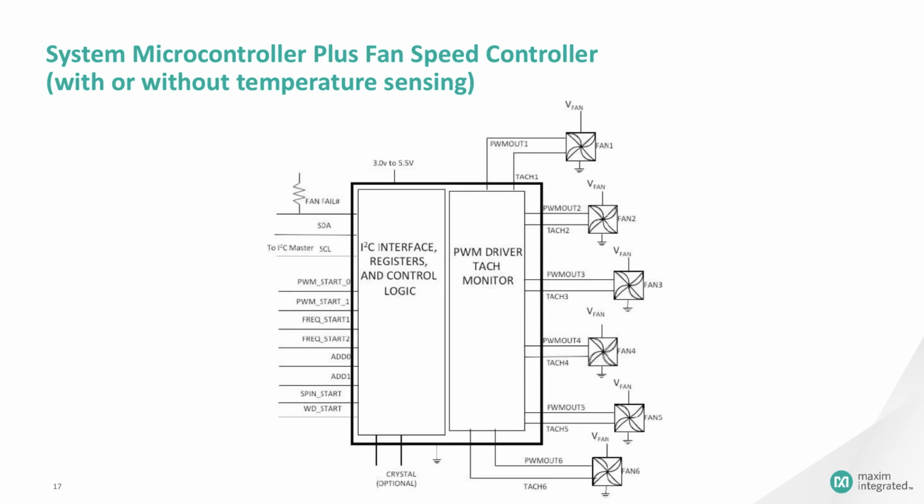In this approach, the system microcontroller monitors temperature and selects the target fan speeds. The fan control IC provides the fan IOs, ramp rate control, fan monitoring and error detection, and RPM control, reducing the I/O and firmware load on the microcontroller.